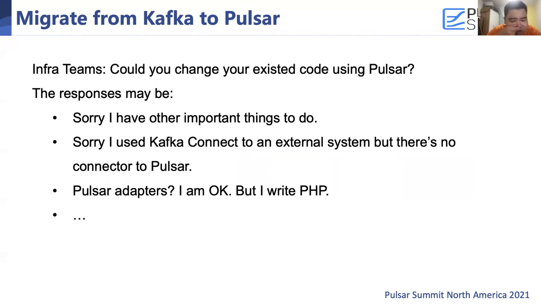Or the response may be: I'm okay, but I write PHP. It's the best language in the world. We should admit that Kafka's ecosystem is really good. So migrating from Kafka to Pulsar is not an easy thing.